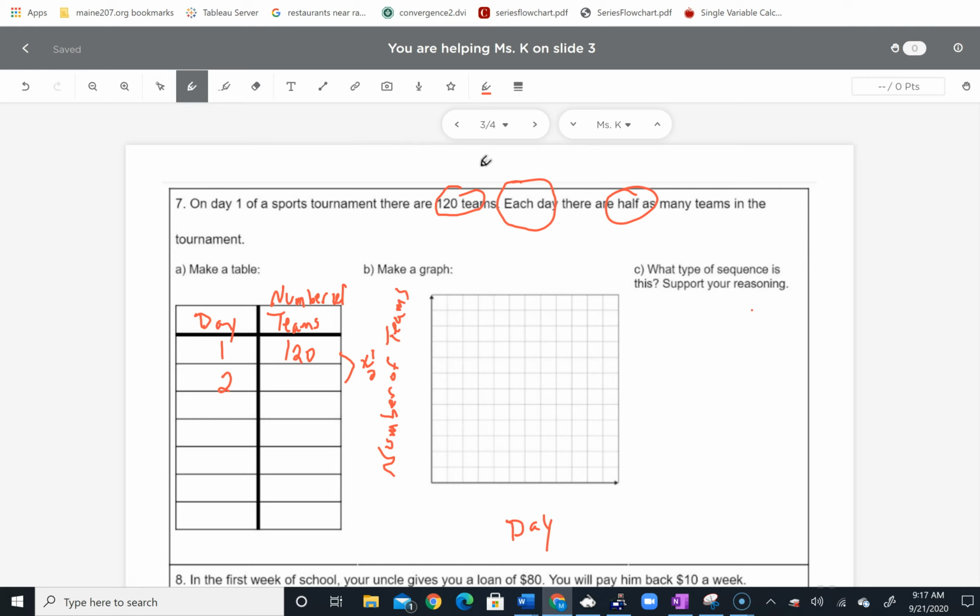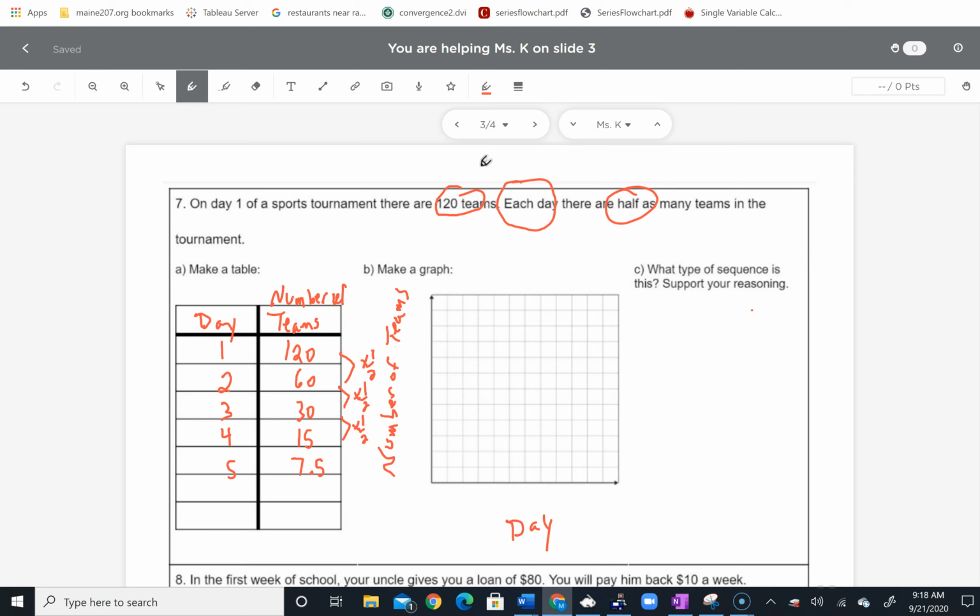Labels are so very, very important for tables and for graphs. Multiplying by 1/2 is the same thing as dividing by 2. Taking half of something. And half of 60, well, we're going to get 30 right here. Multiplying by 1/2, taking half of 30, well, that would be 15. On day 5, you take half of that, you'd be at 7.5.